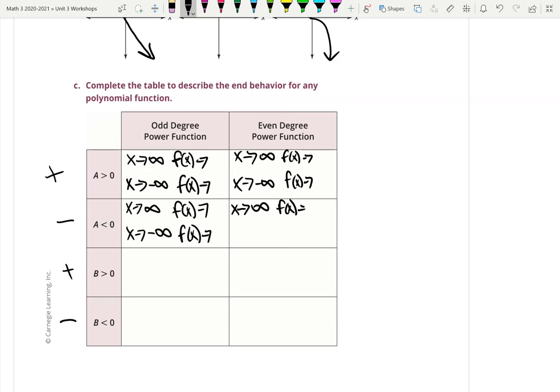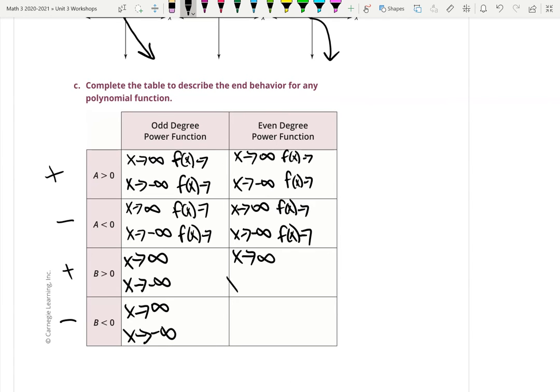This is just general terms to describe, as x goes to the right, what happens? Now I'm filling in the rest.